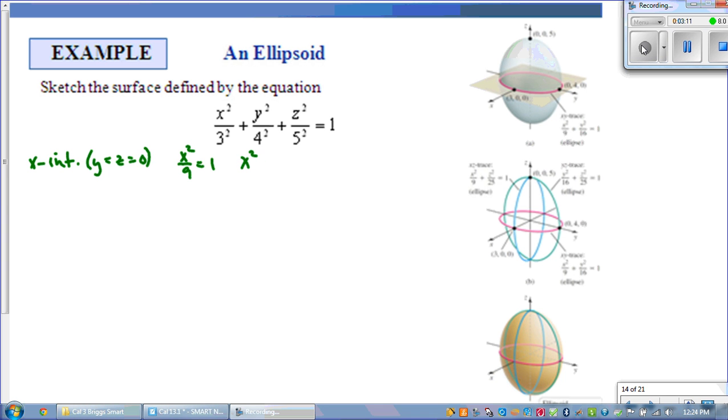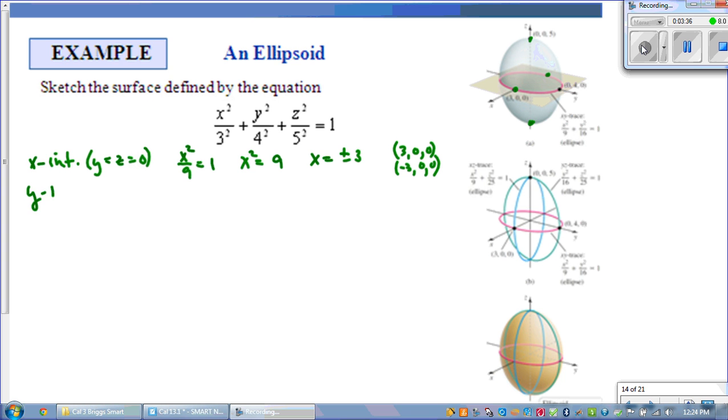So x squared is equal to 9. So x is equal to either 3 or negative 3. So those are the points (3, 0, 0) and (-3, 0, 0), where it crosses the x-axis. So that was the x-intercept here and here.